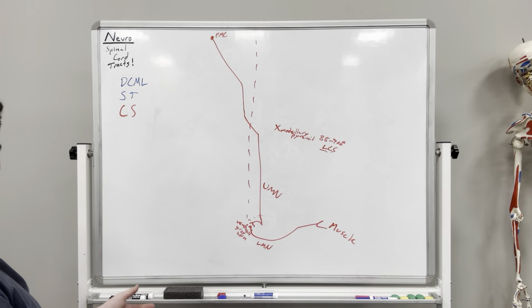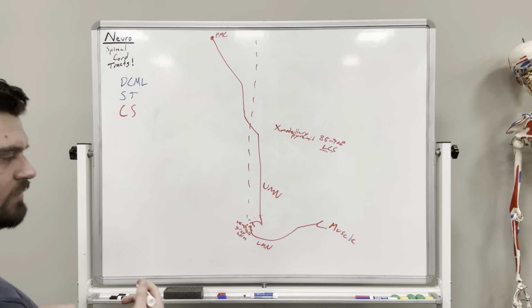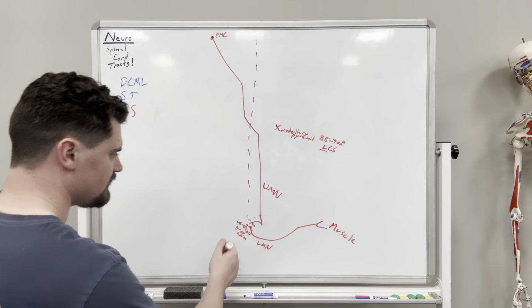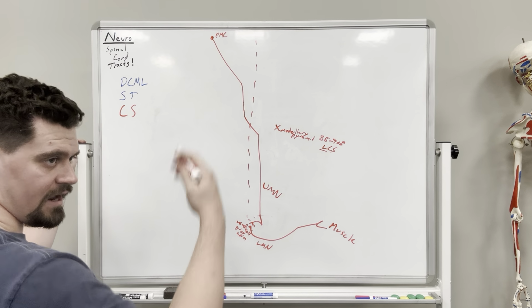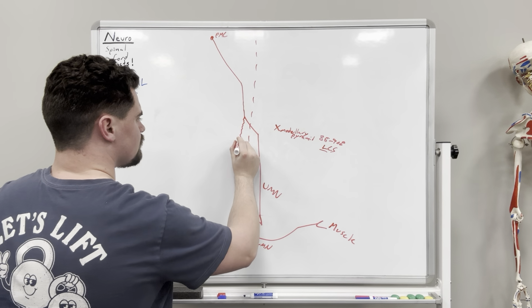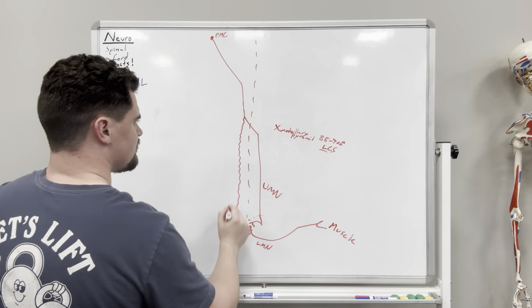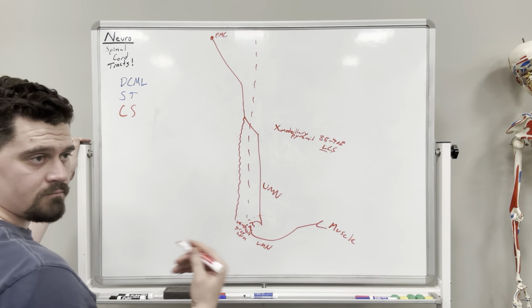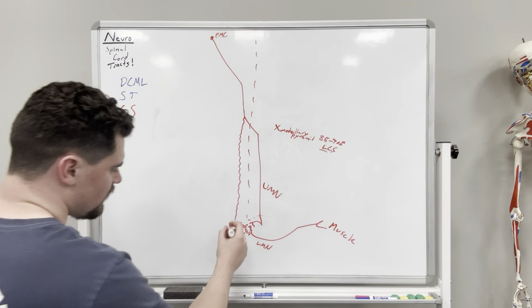So if there's a lateral corticospinal tract, that means there has to be a medial corticospinal tract. And yeah, some people call it that. Other people will call it the anterior corticospinal tract because it is going to travel through the anterior white column. So we'll do this in kind of a squiggly line. This part does not cross at the medulla, so the medial corticospinal tract does not.